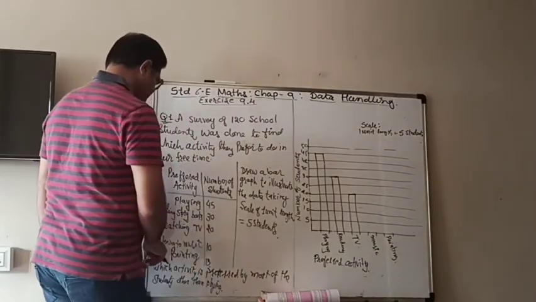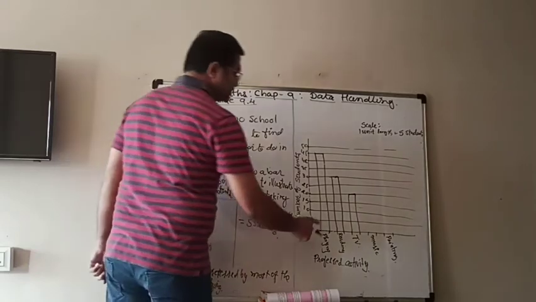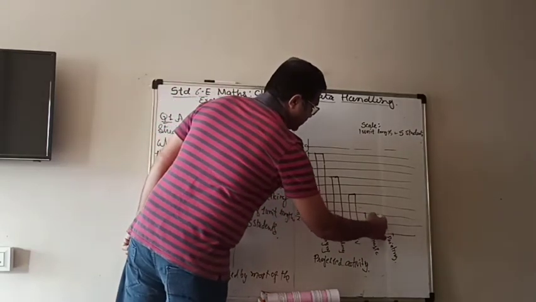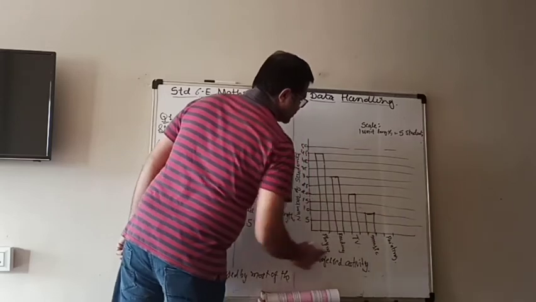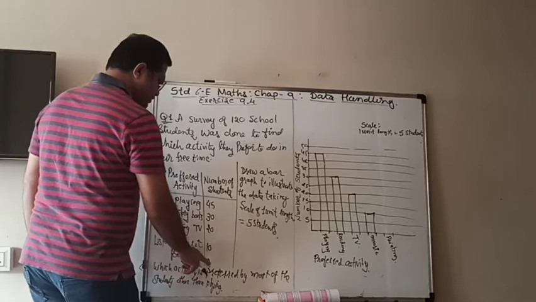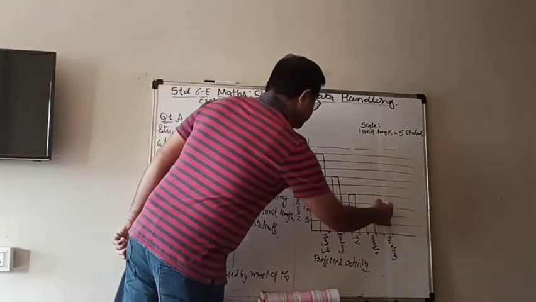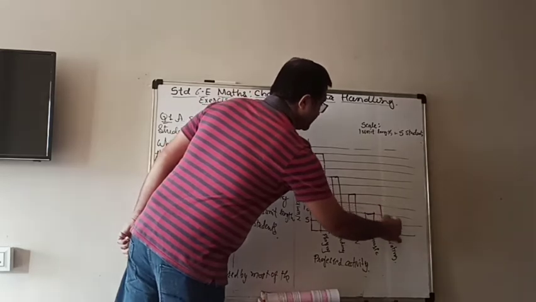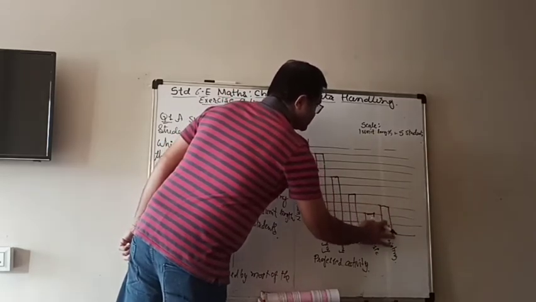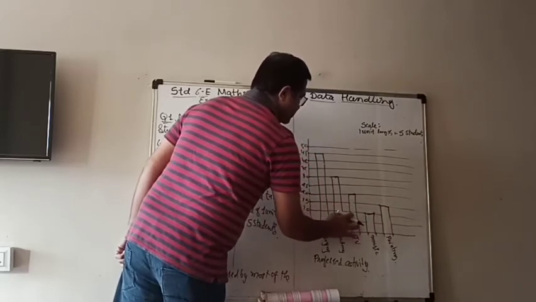And then listening to music, only 10 students. So for music we have to go up to 10. And then the last one, painting, preferred by 15 students. So 15 will come here. So painting is preferred by 15 students. So I can rub out so that it can be clear here.